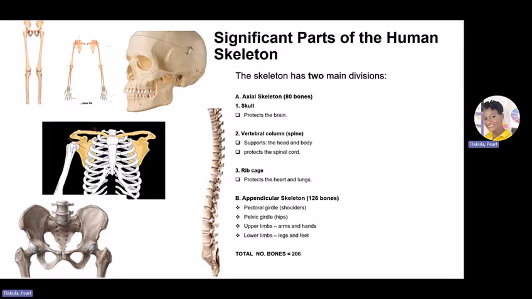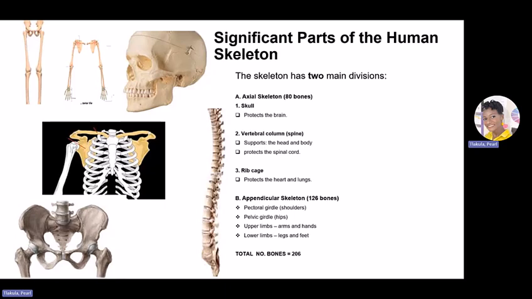The spine supports the head and the body, and it also protects the spinal cord. We also have the rib cage. The rib cage protects the heart and the lungs. The second division of the human skeleton is what we call the appendicular skeleton. It has 126 bones.